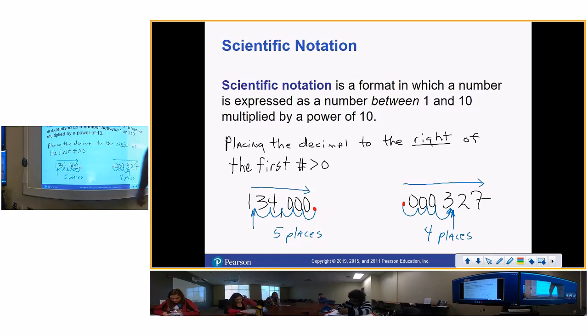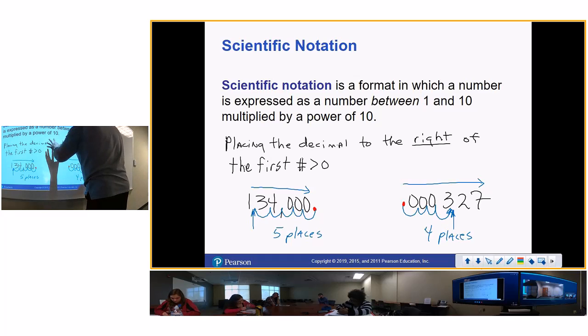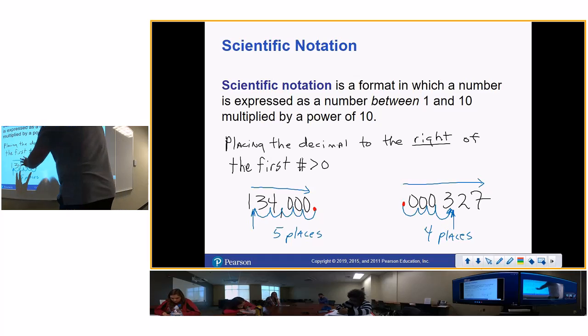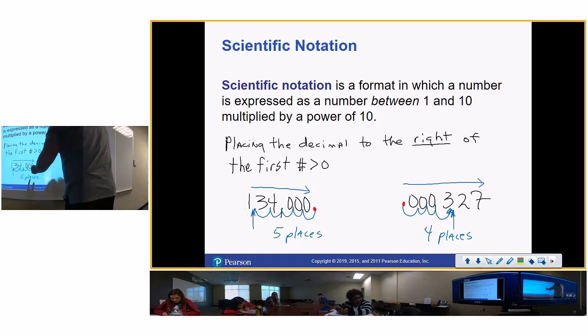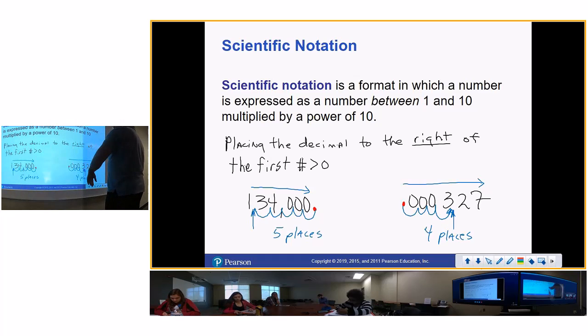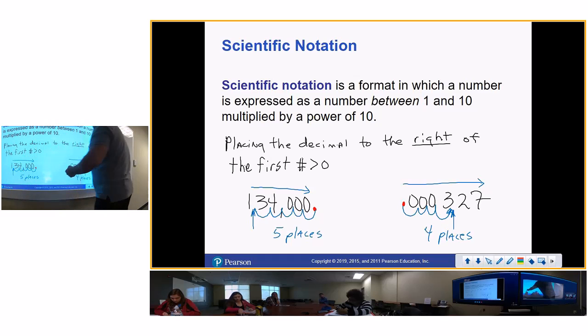Now remember, this is the definition I used as a student, and I've done the first part. The first part is to put the red dot where it is. The second thing is to move to where it fits the definition. We read from left to right, so that means 1.34 and 3.27.